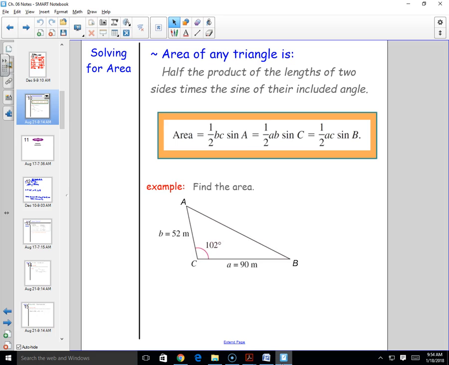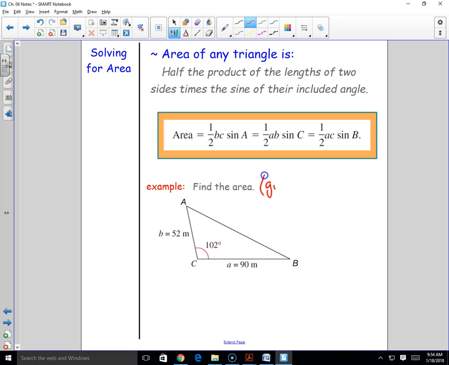Not as many formulas as last chapter, for sure, but still some important ones. Law of sines being 1, this area formula being 2, and this one is given side, angle, side. That's what plugs in super nicely to the formula.